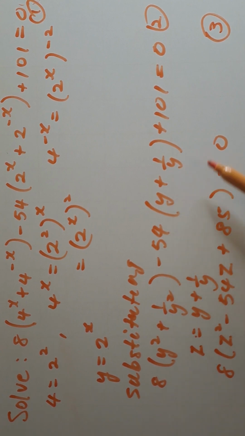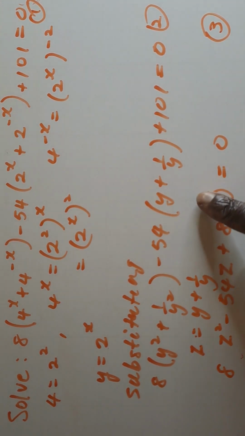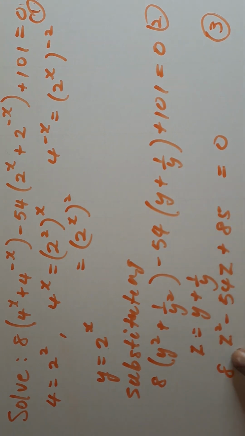As we simplify this, we have now a constant of 85. So here finally, remove these brackets, no brackets here, we have our quadratic 8z squared minus 54z add 85.